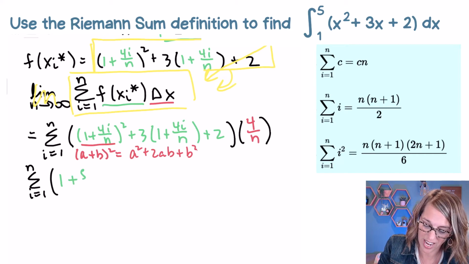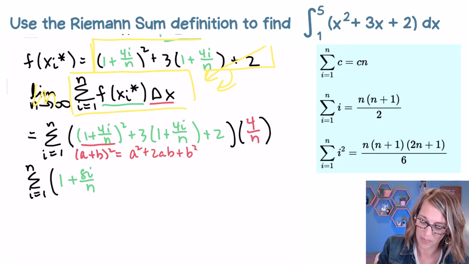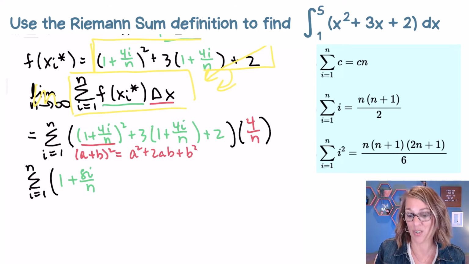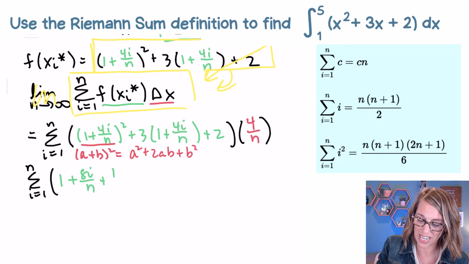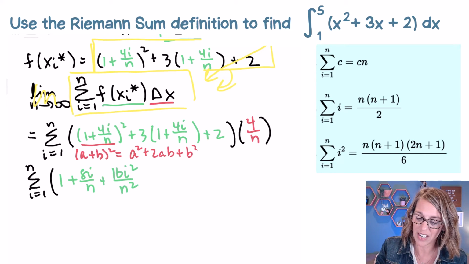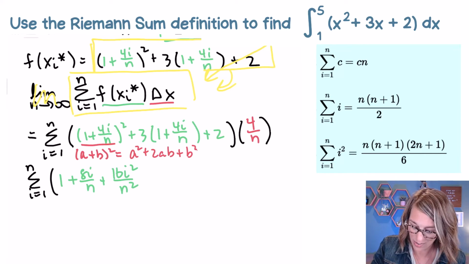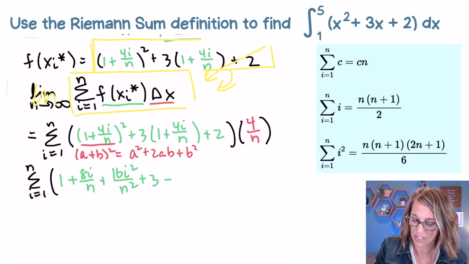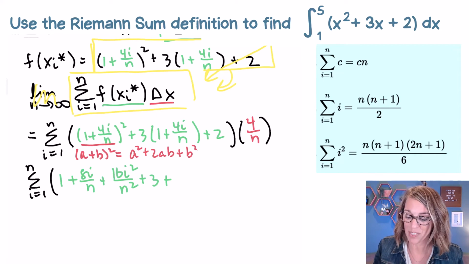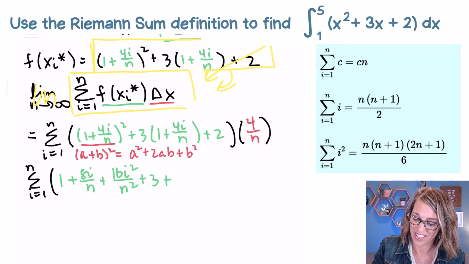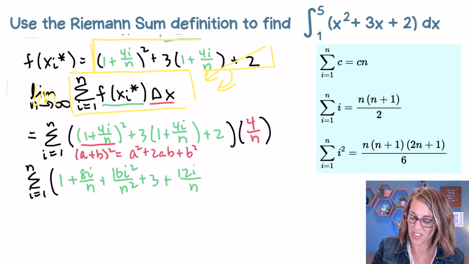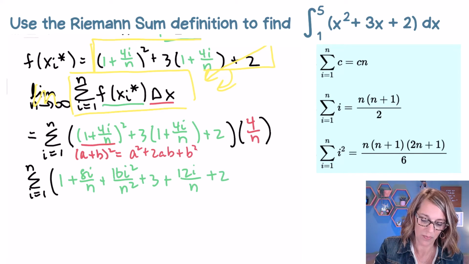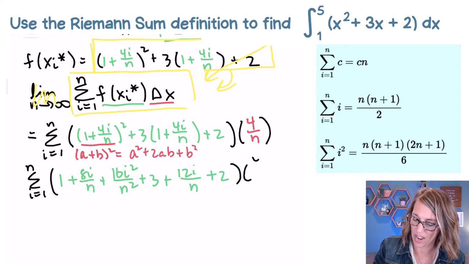So that's going to be plus 8i over n plus that last term squared. So that's going to give me 16i squared over n squared. Next, I need to multiply that 3 through, and I get plus 3 times 1, and then plus 3 times 4i over n. That's going to be plus 12i over n, and then the 2 on the end, so plus 2. And then on the end there, I still have that 4 over n.